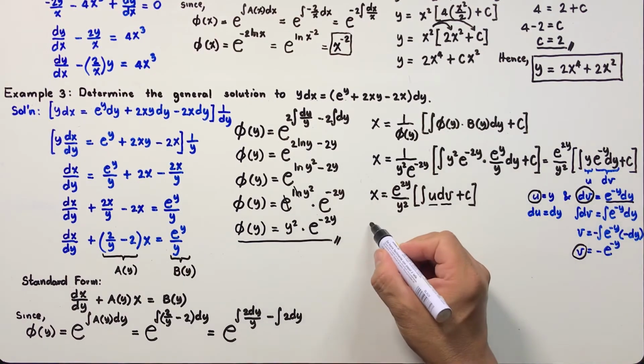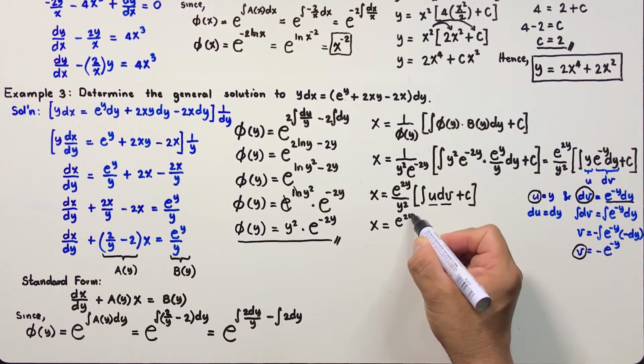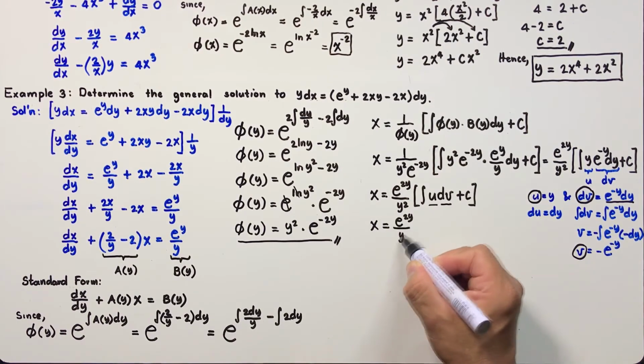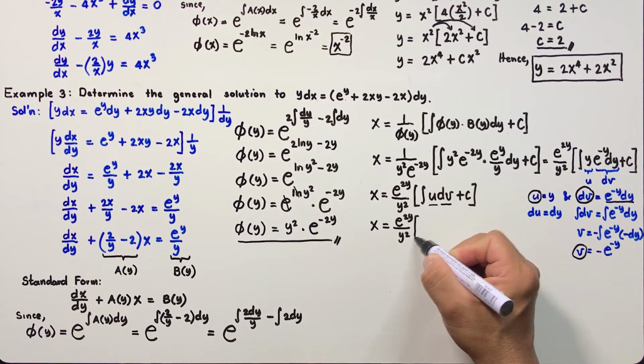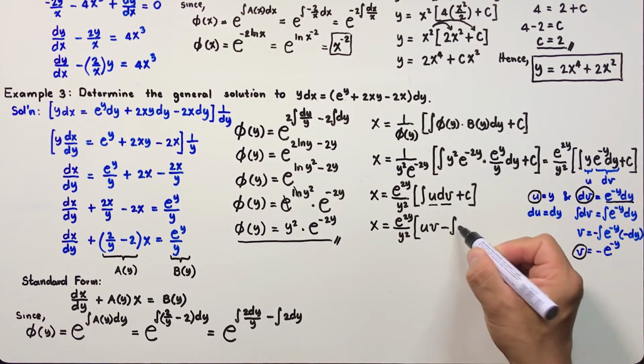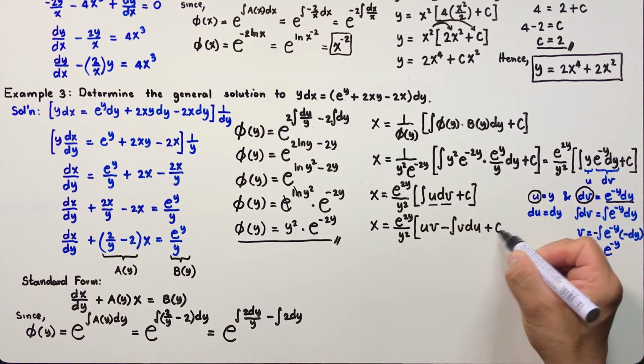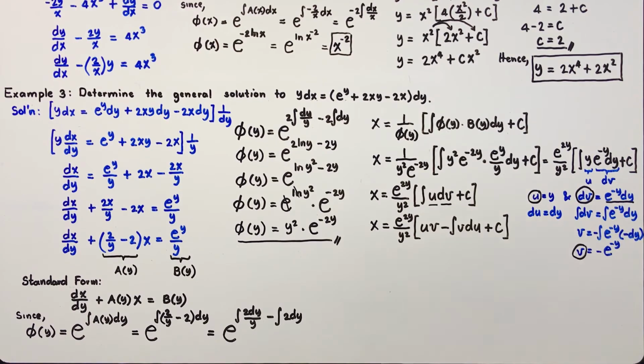So using our formula for integration by parts, we have the integral of u dv as uv minus the integral of v du, and this is added to the constant of integration c.